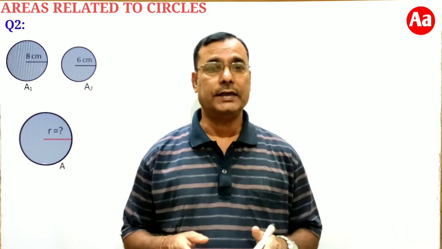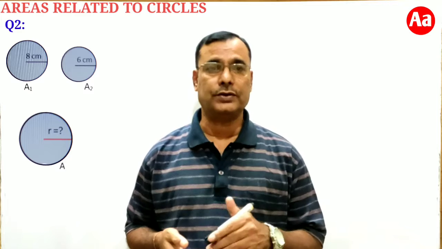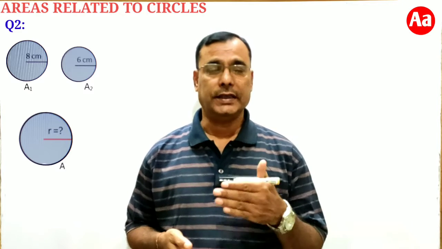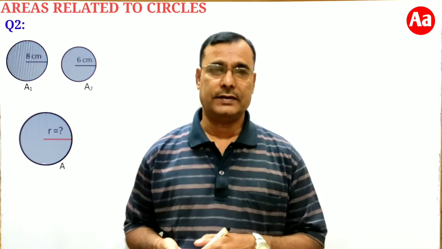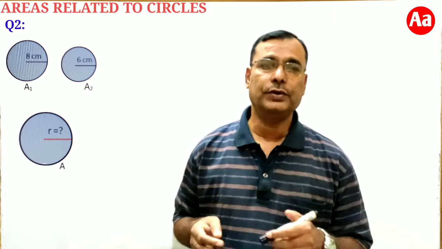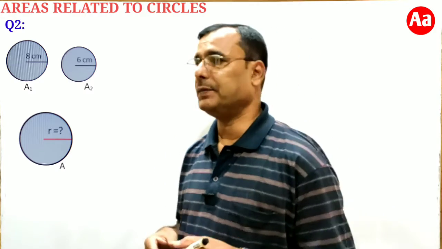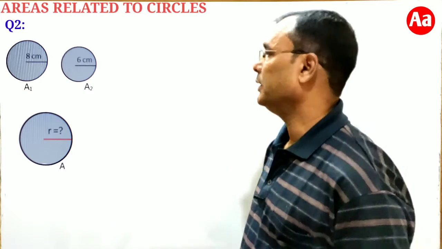We have to find radius of a new circle whose area is equal to sum of the areas of the two given circles. So let R1, R2 be the radii of two given circles and R be the radius of a new circle which we have to determine.